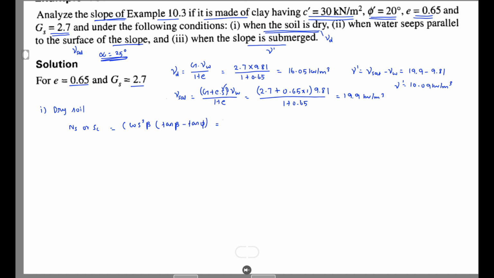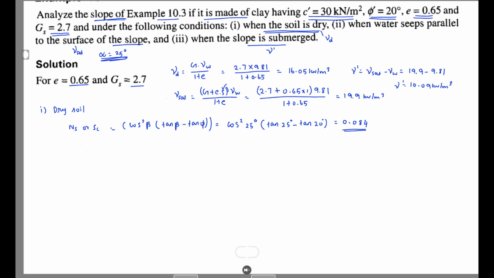Substituting the values: cos square 25, that is the alpha value 25, into tan 25 degrees minus tan phi, where phi is given as 20 degrees. Solving this, we get 0.084. So the Taylor stability number is 0.084.